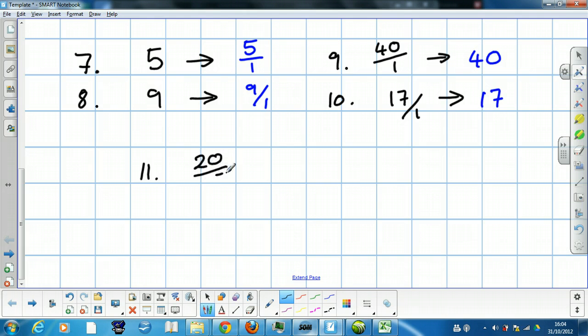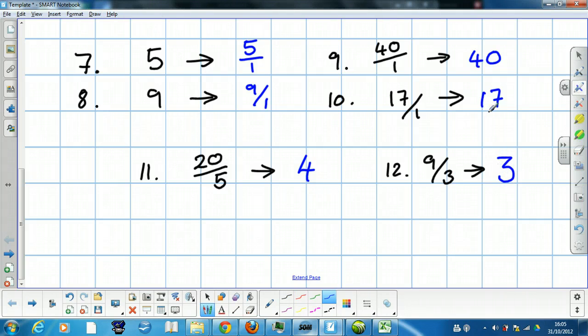What's 20 over 5 as a mixed number? 5 goes into 20 4 times, no remainder, so it becomes an integer. Question 12. Let's look at that again. 9 over 3. That's an improper fraction. We're going to change it, but 3 goes into 9 exactly 3 times with no remainder, so it becomes an integer.